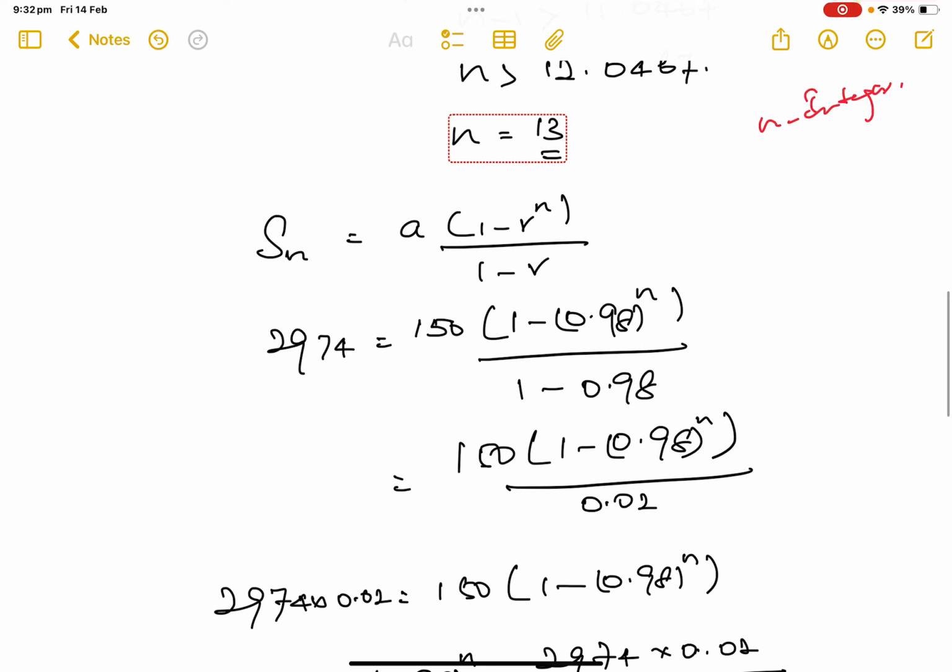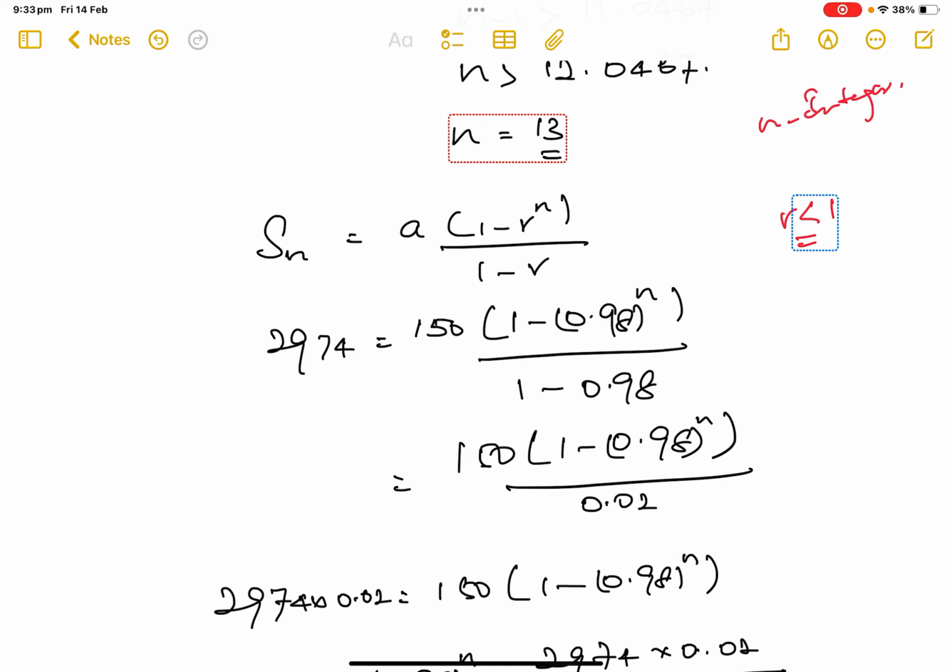So Sn, for a geometric series, Sn equals a times 1 minus r to the power n divided by 1 minus r, because r is less than 1. This is the standard formula. The Sn, the total time in minutes, is 2974. Then we need to find how many marathons he has run to achieve that many minutes.